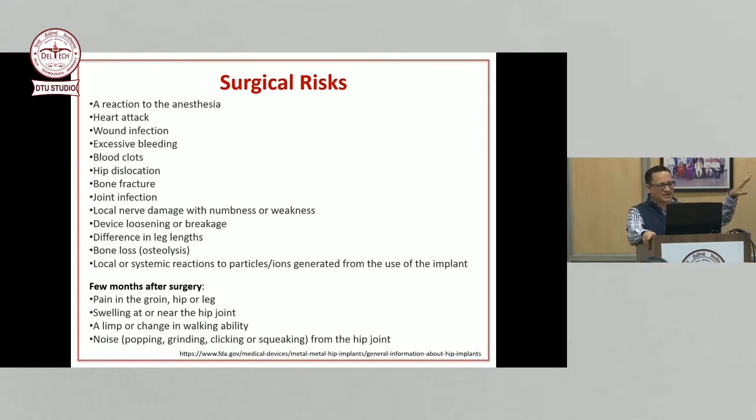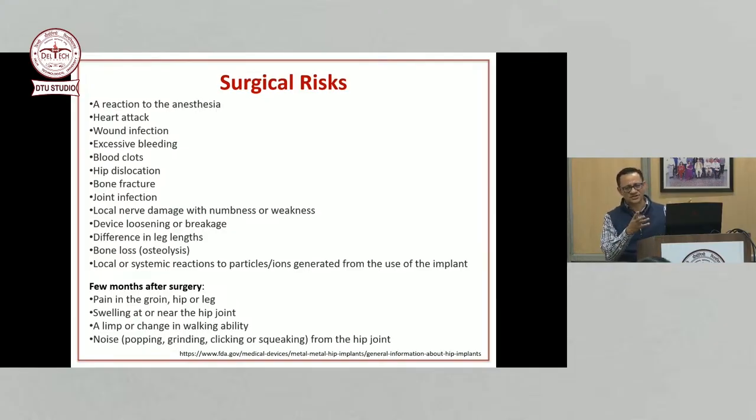Wound can get infected, excessive bleeding, somebody can get a heart problem if they have high blood pressure, but then it can lead to blood clots, hip dislocation, bone fracture, joint infection, which is another big, huge problem, because a lot of times what happens, if somebody gets a hip implant or any bone implant or surgery, it can take a few days for the infection to develop, and then they do give antibiotics.